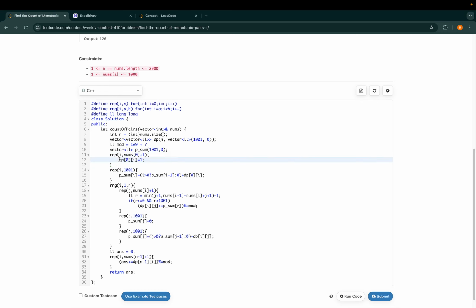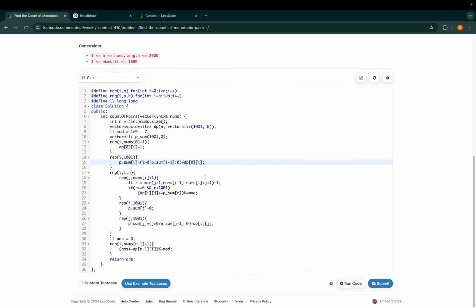0 comma i is always going to 1. This is my initial state, and this is always going to be 1, because if you put i at array 1, then you can always put nums of 0 minus i. So that's why this is going to be 1. And then you do a prefix sum on this DP. Prefix sum of i equals previous prefix sum plus the current value.